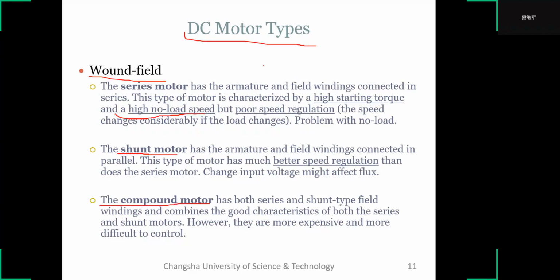The compound motor has both serial and shunt type field windings and combines the good characteristics of both the serial and shunt motors. However, they are more expensive and more difficult to control.